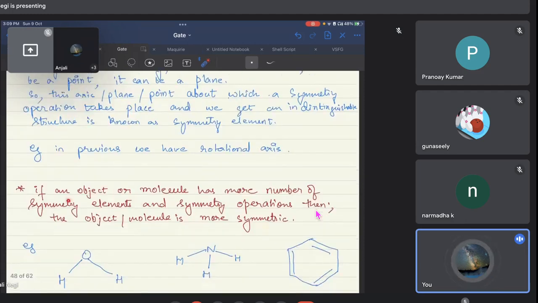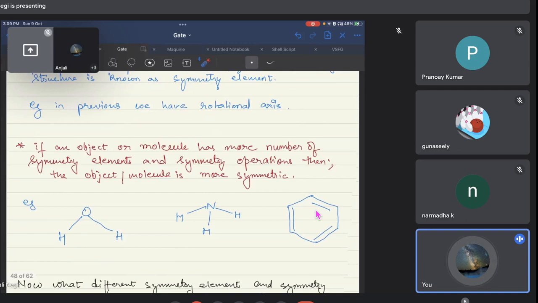If an object or molecule has more symmetry elements, this is very important, it will have many more symmetry operations. Then the object or molecule is more symmetric in comparison to any other.